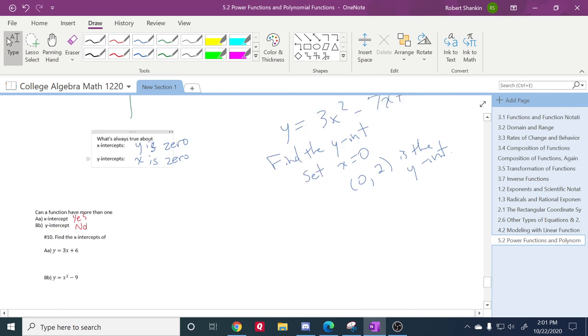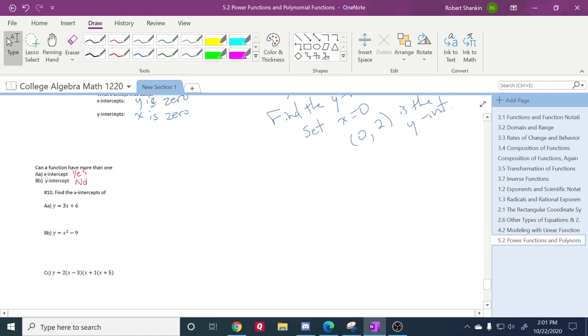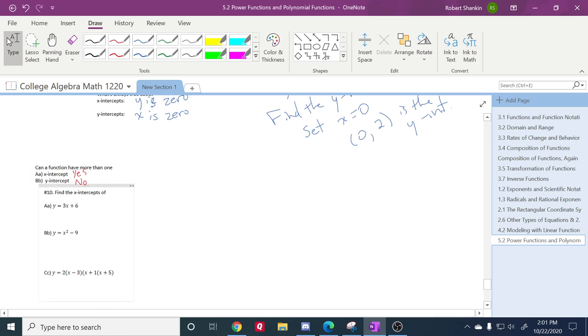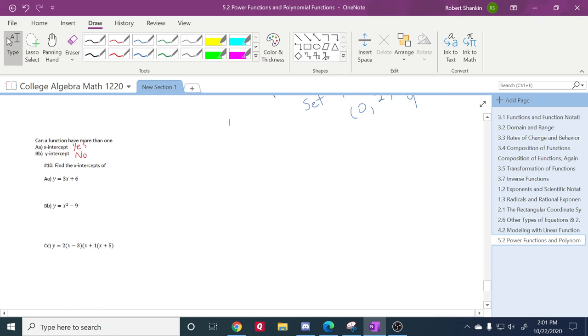All right. Now, we're asked to find the x-intercepts of these three. So let me give you a minute on number 10. Do A, B, and C. Find the x-intercepts of each one of these.